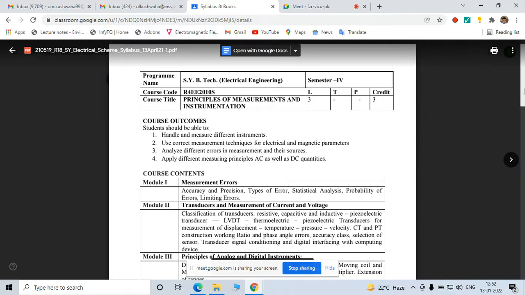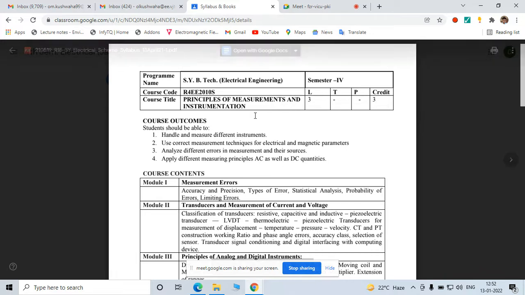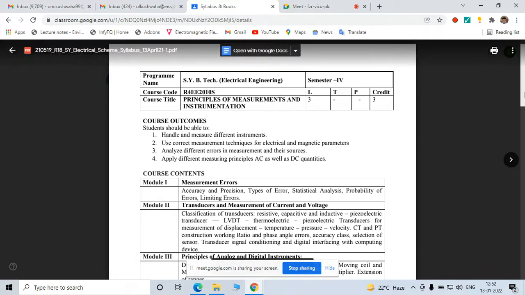The subject name is Principles of Measurement and Instrumentation. So we have to understand what an instrument means and which instrument works on which principles, so that there is less chance of losing accuracy in your existing systems.